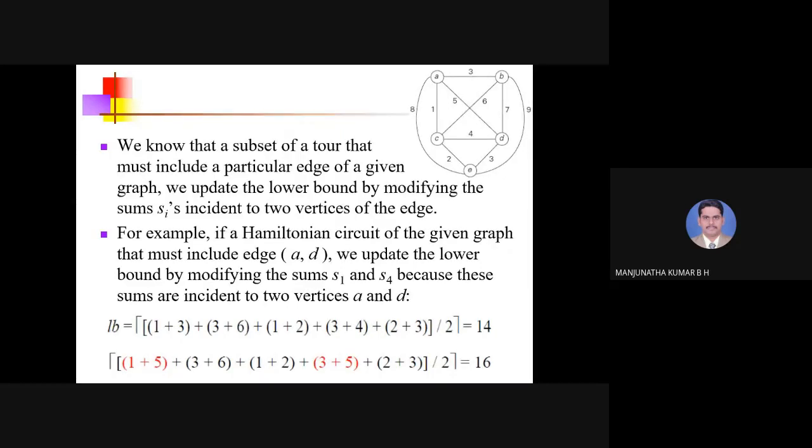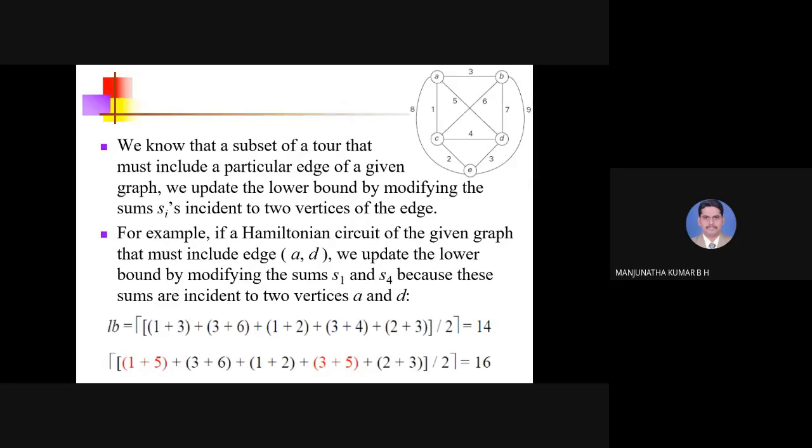Is it clear? If you are visiting any new vertex from an already visited vertex, then for that vertex, one number is the smallest distance from that city, plus another number, which is the distance between the current city and the next city you are visiting, that is 5. 1 plus 5.